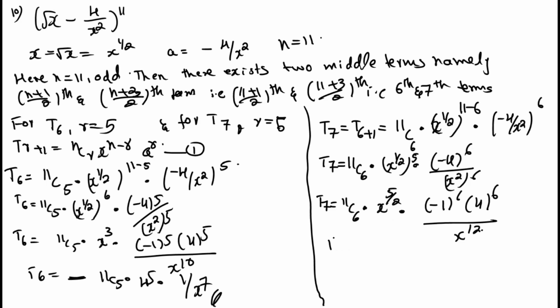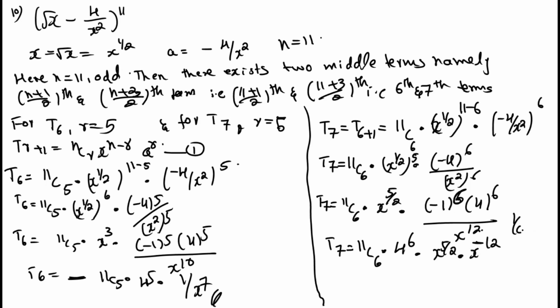So in the next step, see, T7 equal to 11c6 into minus 1 to the power 6 is plus 1. Minus 1 to the power even number means that is plus 1. And the constant term 4 to the power 6 into, here x to the power 5 by 2 is there into 1 by x to the power 12 is there. Take that 12 to the numerator, you will get x to the power minus 12.